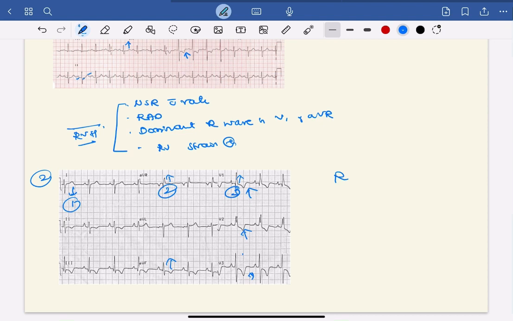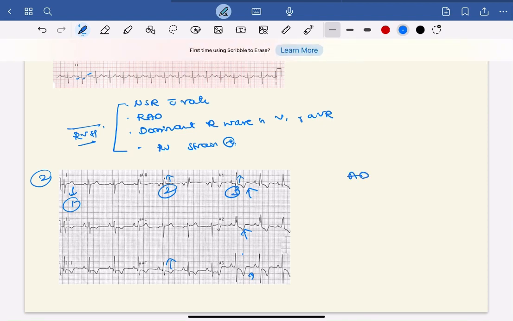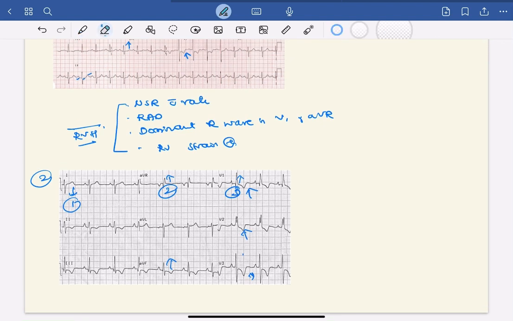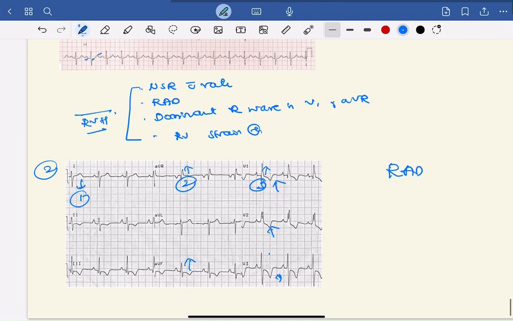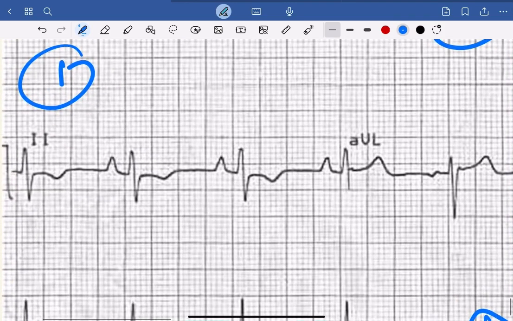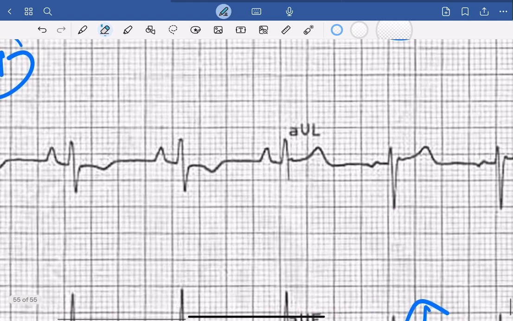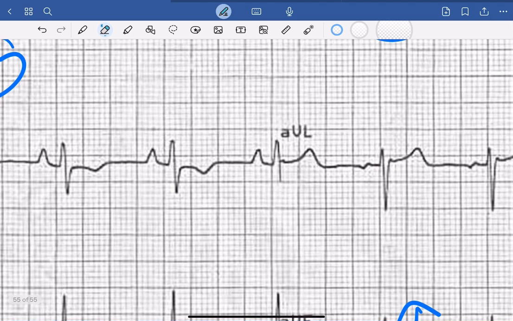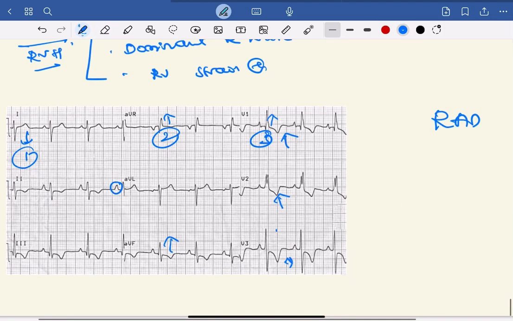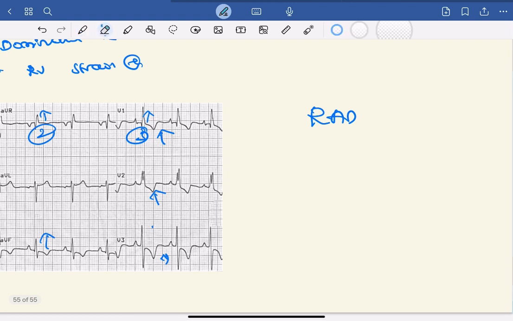So what are the findings of this ECG? Right axis deviation. And one more thing that I have missed is, see, you have to see waves. What happened to P waves here? P waves look like they are tall. So these are tall P waves, or nothing but P pulmonale. So this is one more thing. So right axis deviation, P pulmonale, and see what happened here.